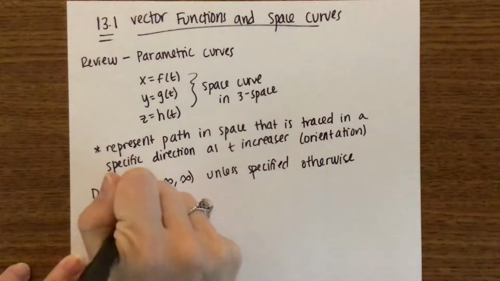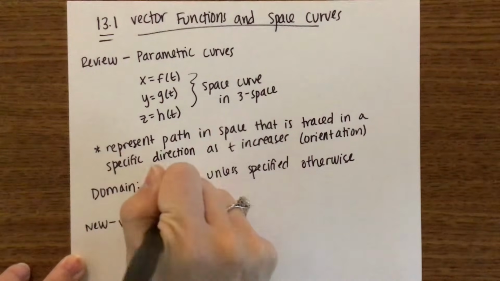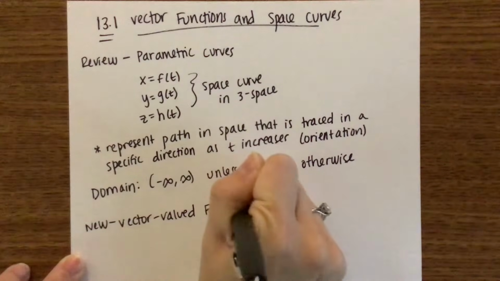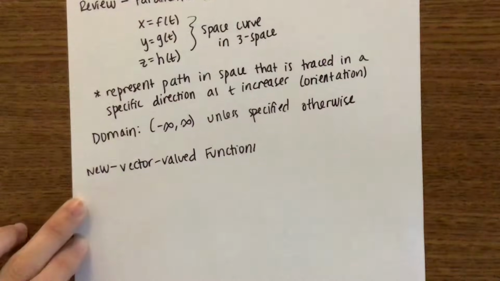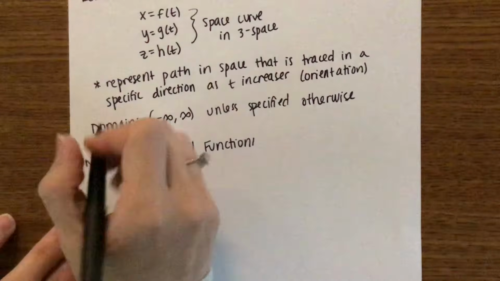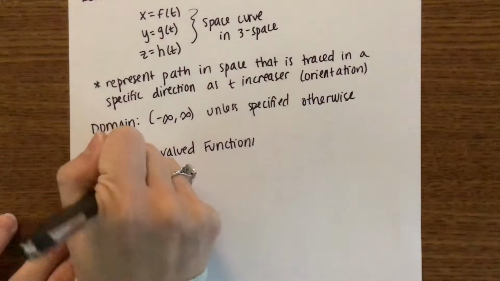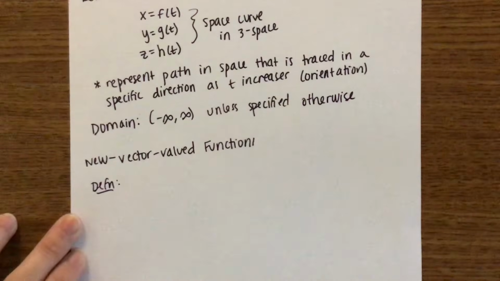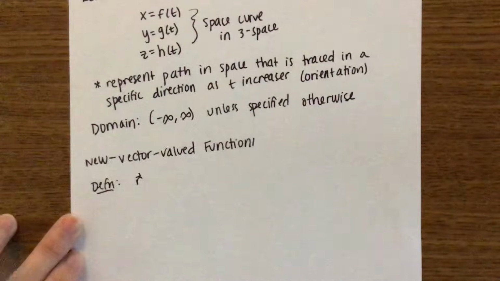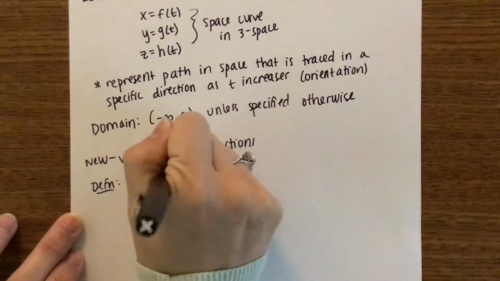So next thing we're going to talk about is vector valued functions. We are not going to write out a whole long definition. I'm just going to show you what's most important. Your vector valued function is going to be called r. Sometimes it'll be written as r of t.